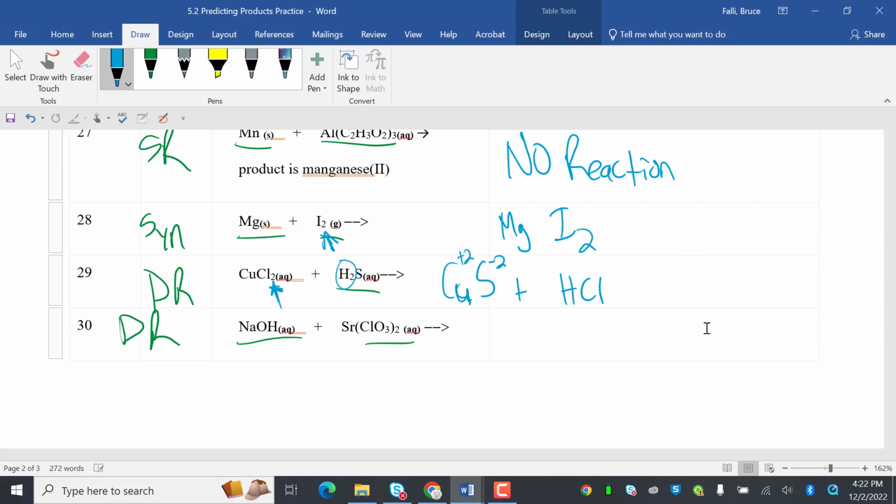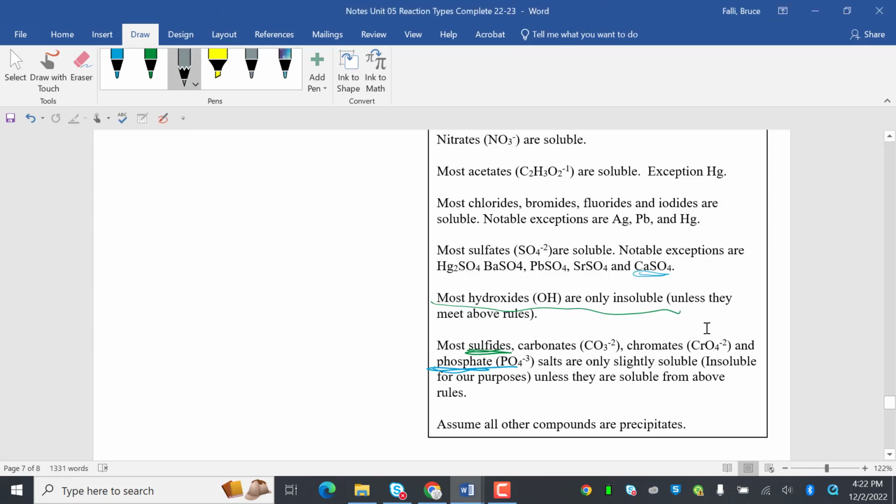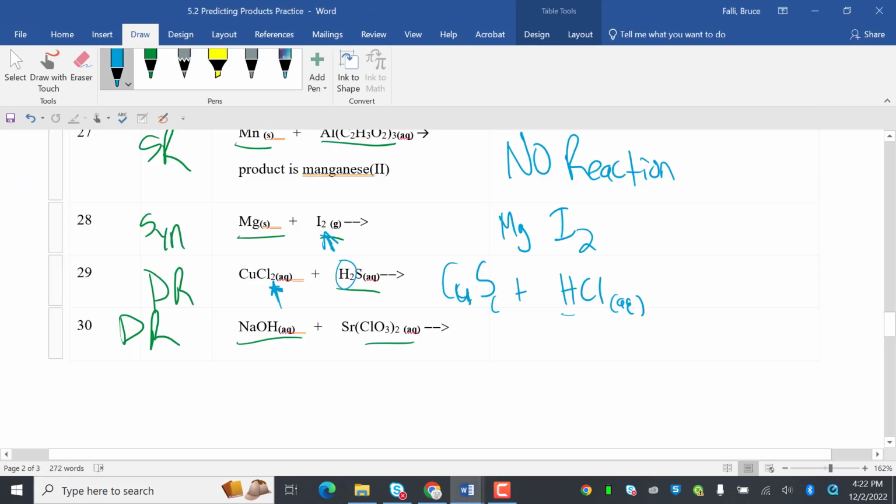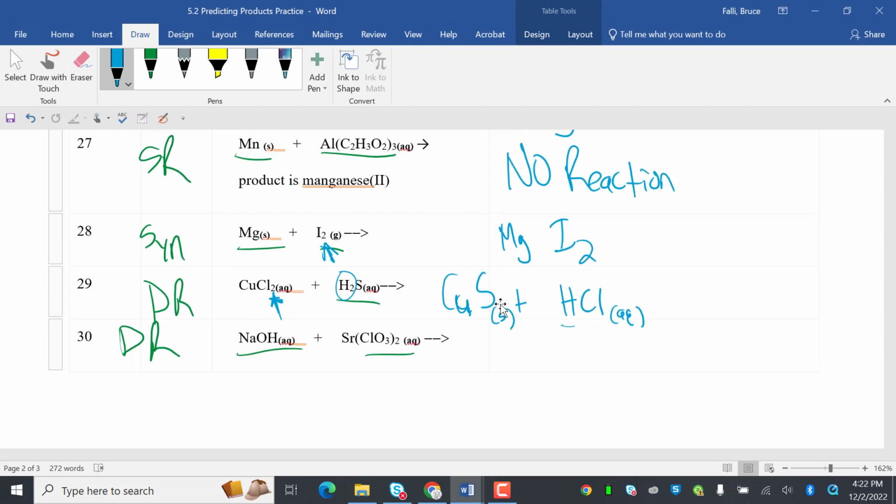And sulfide is -2 from the periodic table. And that balances. So H is group 1, so it's going to be aqueous. Let's take a look at the sulfide rule. Most sulfides are insoluble, which means it's a solid.